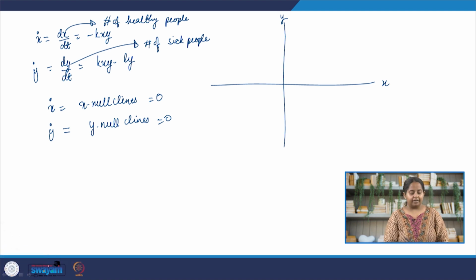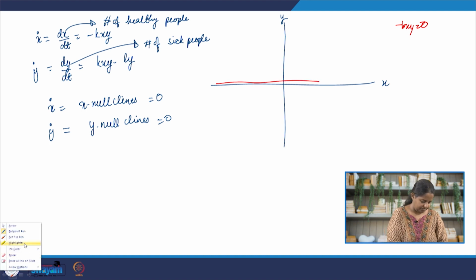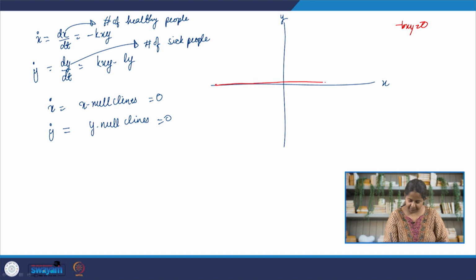then the x Nullcline is when minus kxy is equal to 0, which means either x is equal to 0 or y is equal to 0. So here you have, I'll draw a straight line, and then these are the two conditions, x is equal to 0, y is equal to 0.